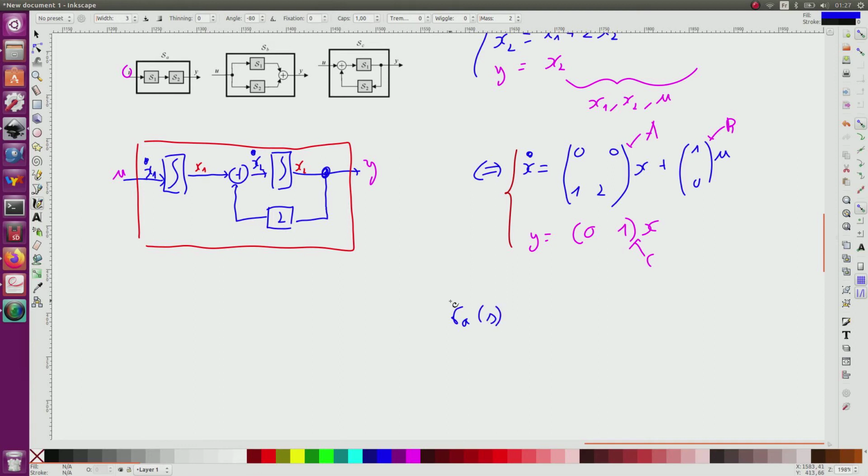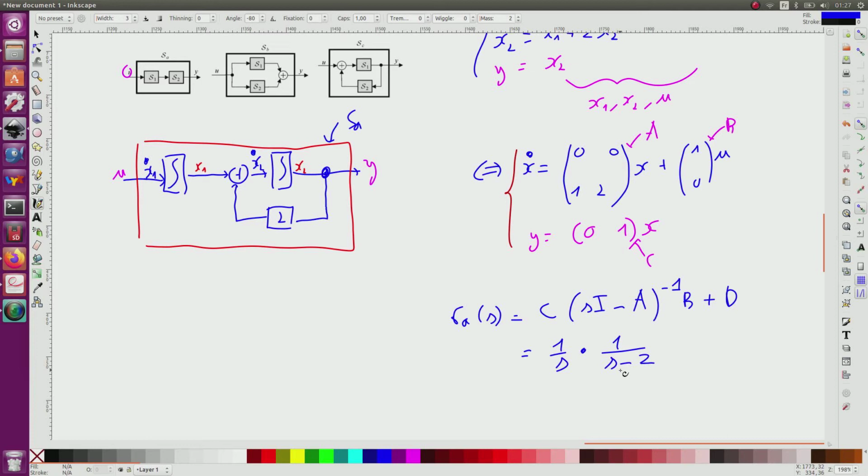GA of s, because it is the system SA, is equal to C times (s times the two-dimensional identity matrix minus A) inverse, times B plus D, and if I compute this, I obtain 1 divided by s multiplied by 1 divided by s minus 2.